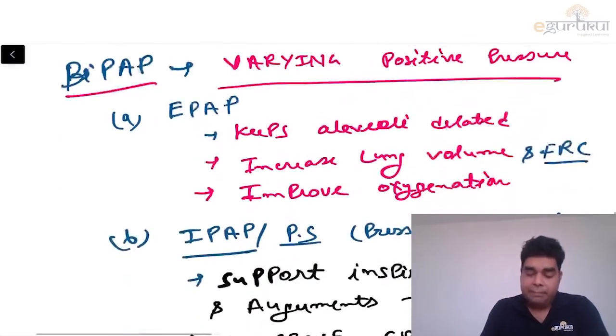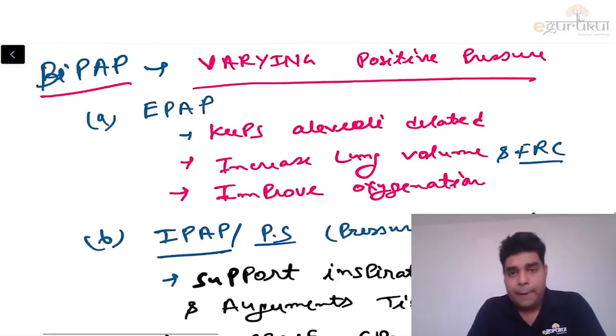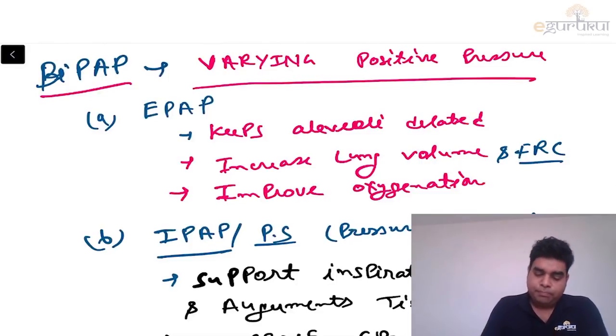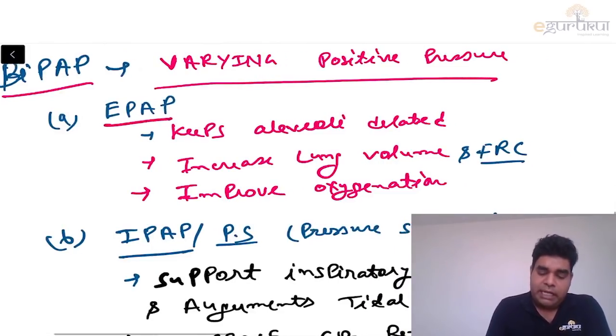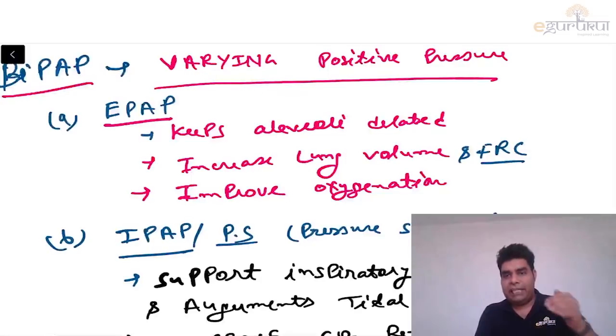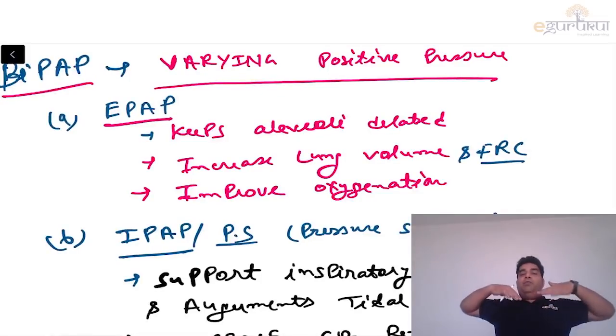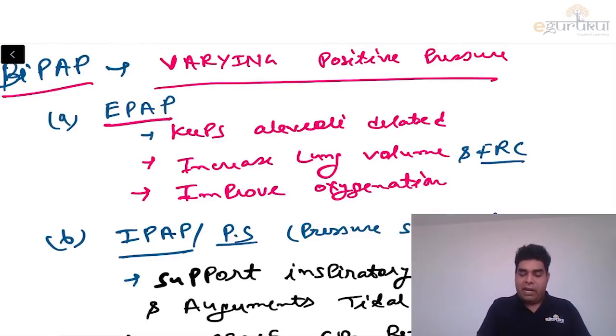And in BiPAP, of course, there are two components, the expiratory pressure and the inspiratory pressure. And we keep a difference in that. So the EPAP, what is the function of expiratory positive pressure breathing? When we have pressure during expiration, as a result of that, the alveoli dilate very well.